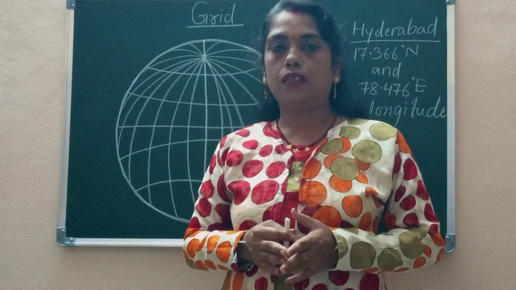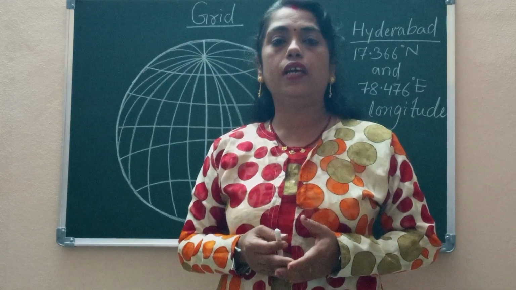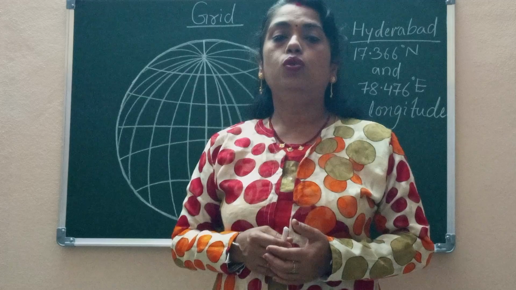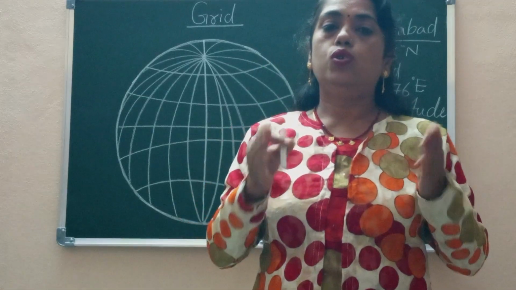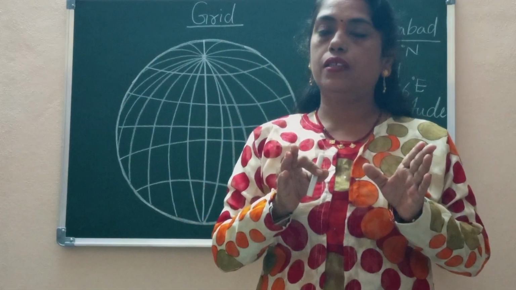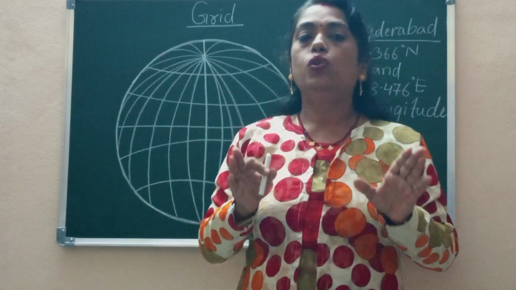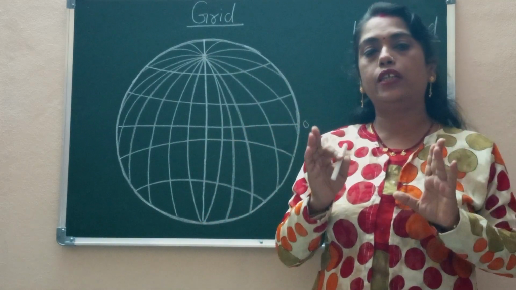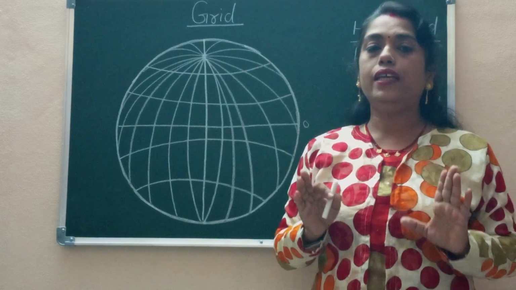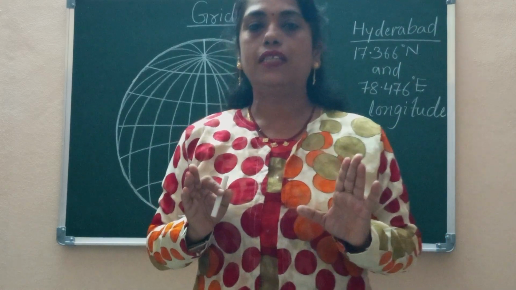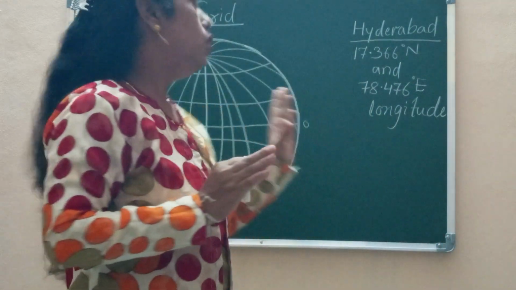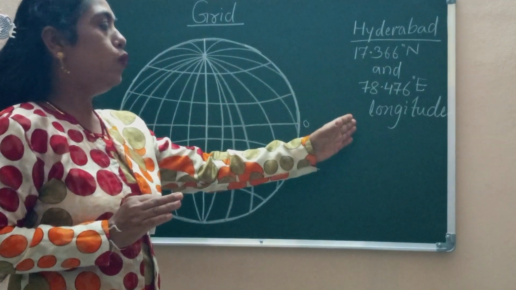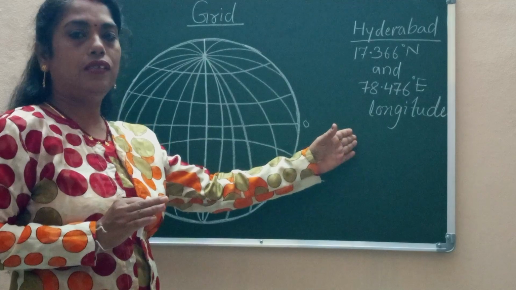By following that, we reach their house. Like that, if we want to go to any place on the earth, we must know the grid, or the network of longitude and latitude, of that place. So we can easily go there by seeing the longitude and latitude, as I have written here for Hyderabad.